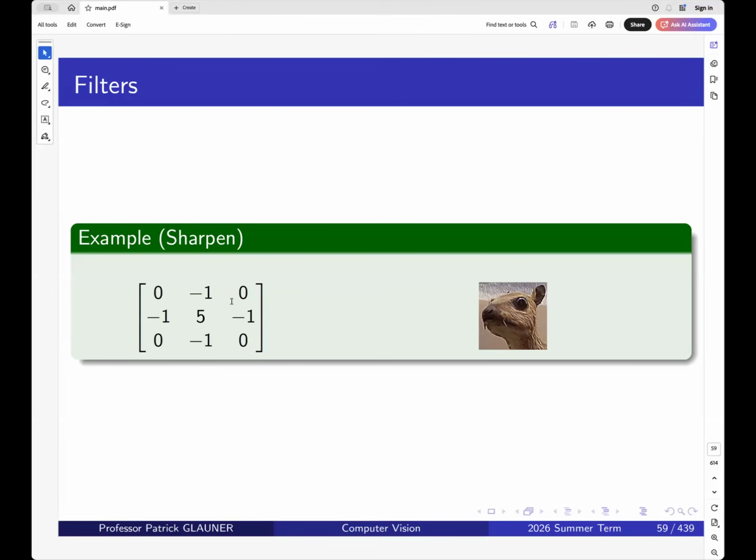And finally, these weights add up to 1 because 5 -1 -1 -1 -1 is 1. So I don't need a factor here in front. And this will sharpen the image, so the noise will become even more apparent. The edges probably too, but it's very important that blurring and sharpening will not just magically undo each other.